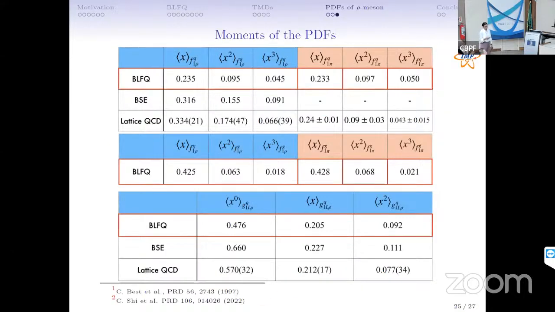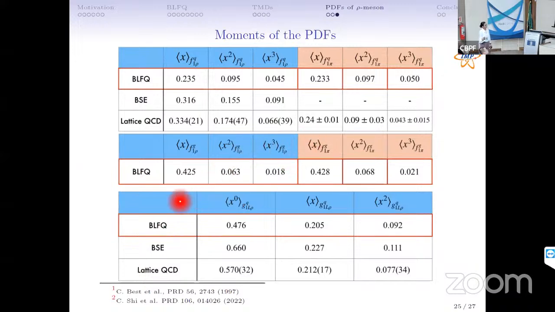Then we have also compared the moments of PDFs with the available theoretical data from the Bethe-Salpeter equation and the lattice data. We found that our numbers are somewhat underestimated for the moments for F1 as well as for G1L.